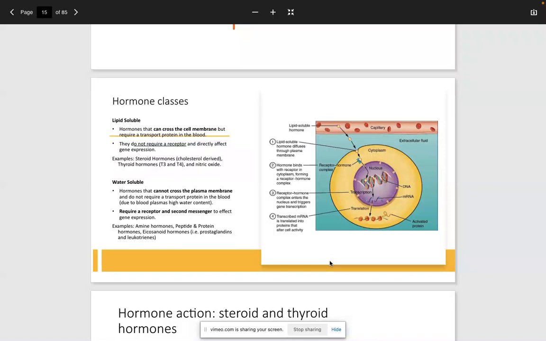This is an important slide for the simple fact that we're going to introduce a concept. Along with hormones, you have different hormone classes. So we know how hormone signaling occurs. We know that it can occur through autocrine, paracrine, as well as endocrine signaling. So what are the classes of these hormones? Well, that's a great question.